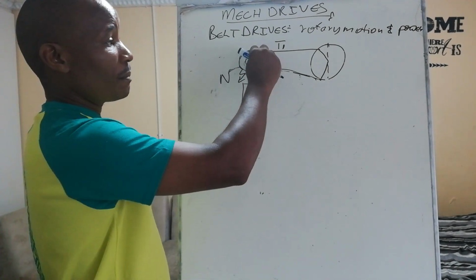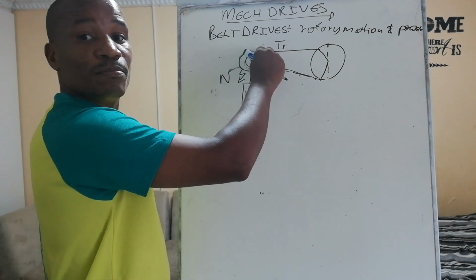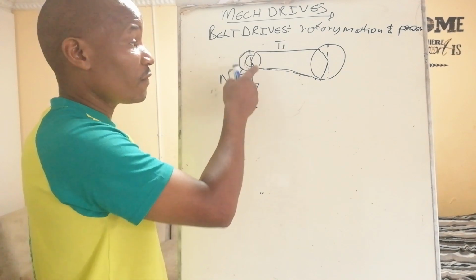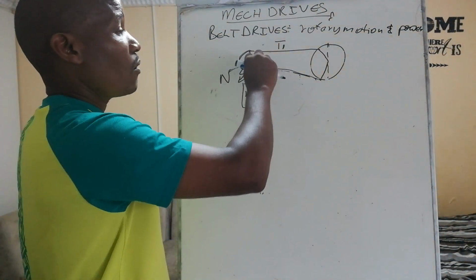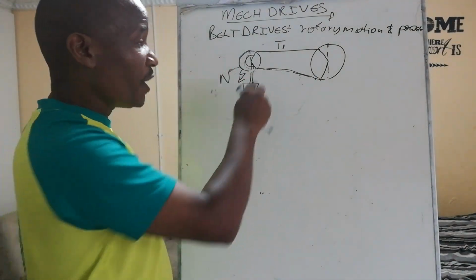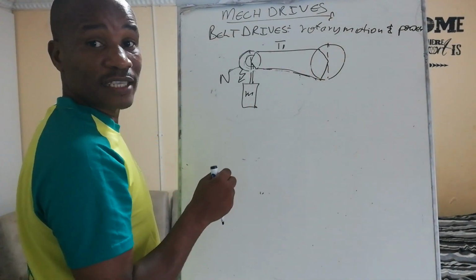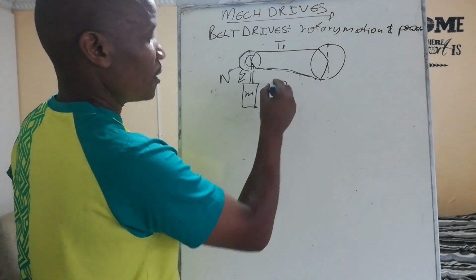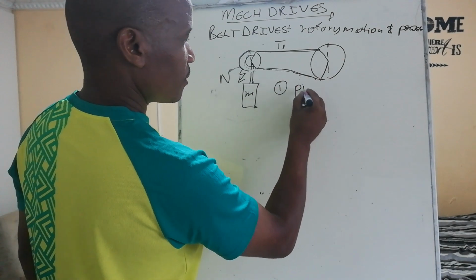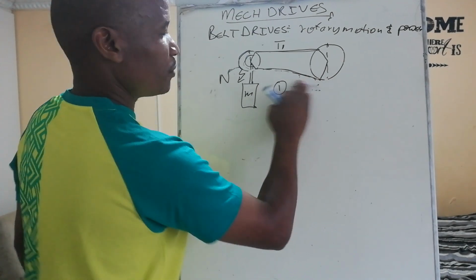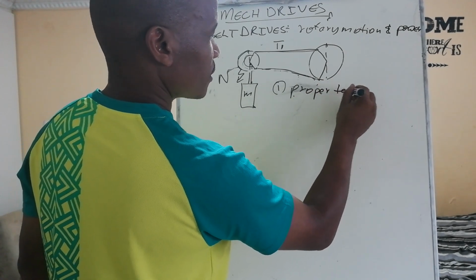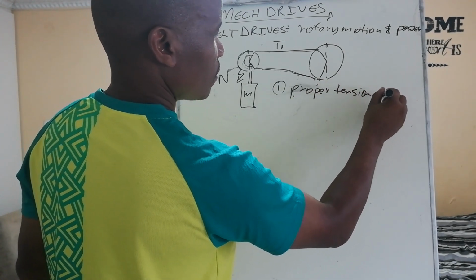Now in practice it happens that this belt slips. It is actually one of the disadvantages of a flat belt. Now if it slips, there are only two ways to improve that slip. One, you properly tension the belt.